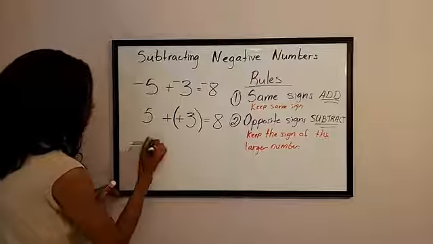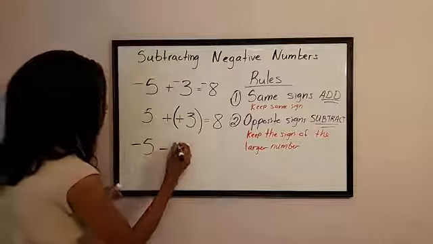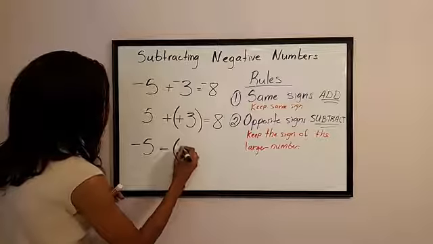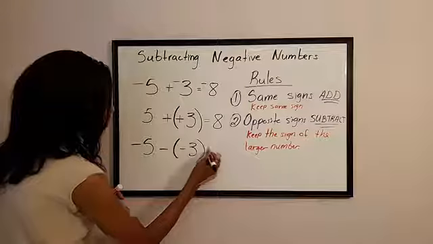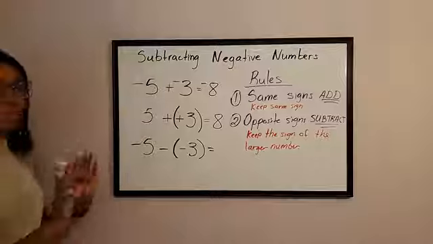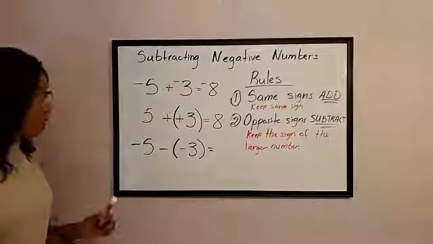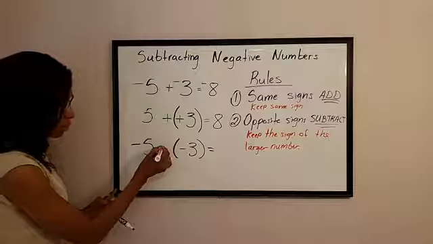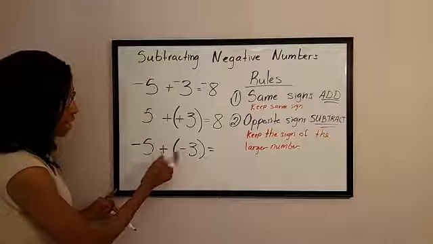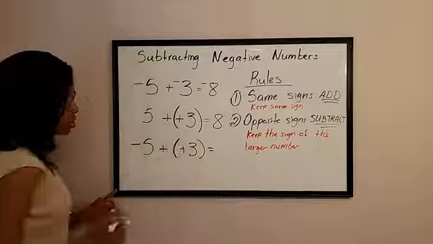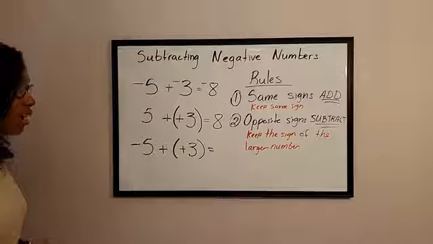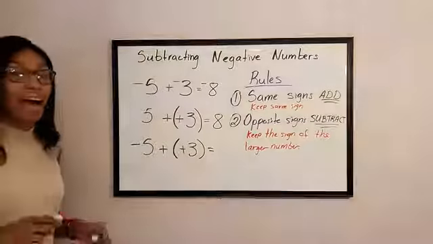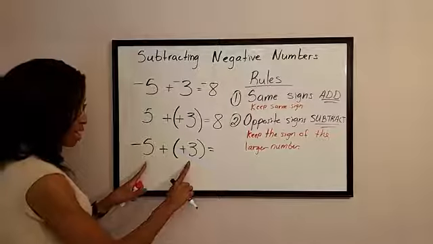Let's say we had negative 5 minus negative 3, okay? Even more complicated. There's too many negatives in there, all right? I would want to make this more simple by making this addition. So let's make this addition, change the sign of the number to the right. So now I have negative 5 plus positive 3. I again have opposite signs now.